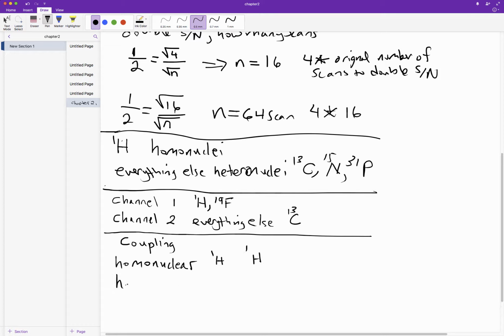And you can have heteronuclear coupling, which is between 2 dissimilar things, and typically for organic chemists, it's between proton and carbon. So a homonuclear case would be like a 3-bond coupling constant between proton and proton, something like this. That's 3 bonds, 1, 2, 3. Then heteronuclear would be a 1 bond CH coupling, a coupling constant between proton and carbon.